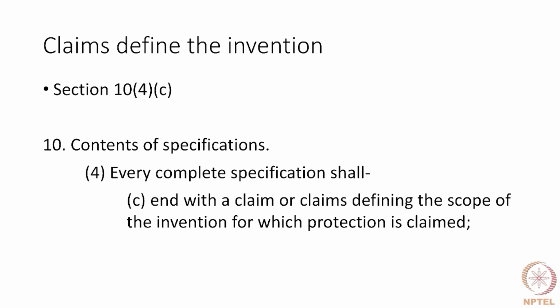Now the claims have to define the scope. That's the function of the claim. The claims have to define the scope of the invention for which protection is claimed. Defining the scope is done by the language of the claim itself, and you will see why the structure of the claim is important in defining the scope. In defining the scope, there are two things that would be important.